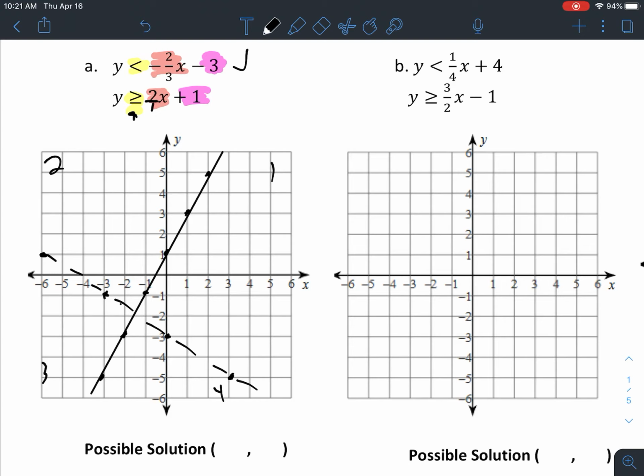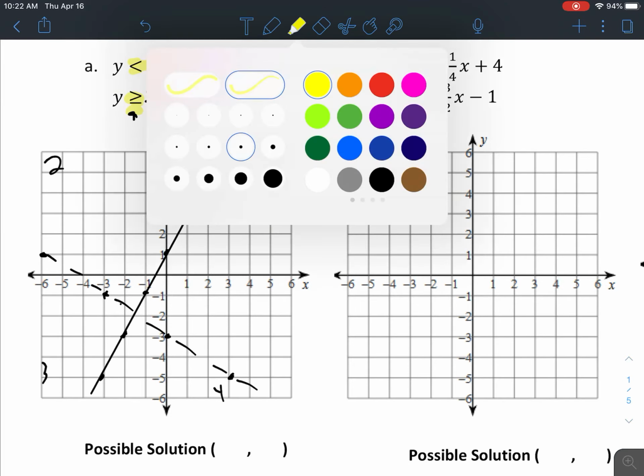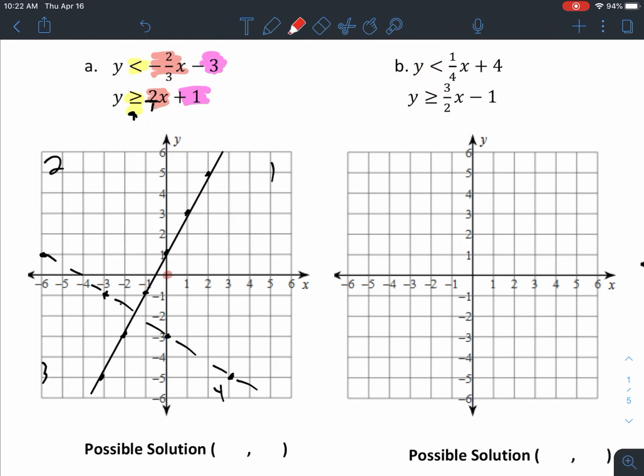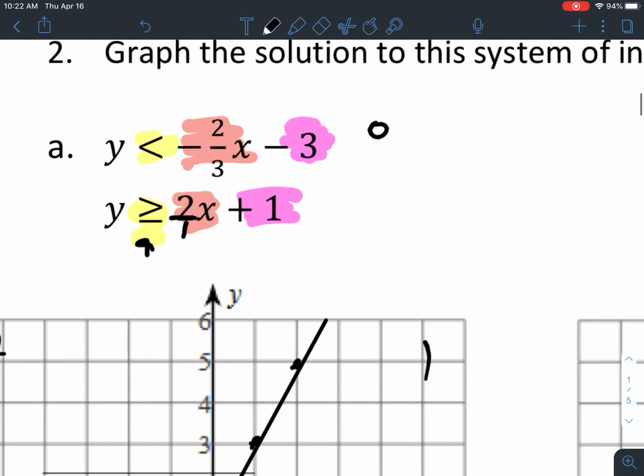Okay, so let's start with zone 1. We're going to make an easy point for these and see if they work. You're going to have to test it for each one of these. Okay, we're going to test point 0, 0. Make it nice and easy, first one. Okay, so 0 is less than, let me zoom in a little bit, less than negative 2 over 3 times 0 minus 3.